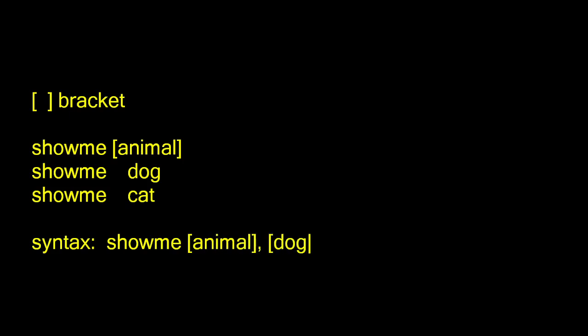Okay? So let's say the syntax is like this. Show me, and you have a bracket, animal, and comma, and there is dog here, comma, and there is animal dog shoes here.